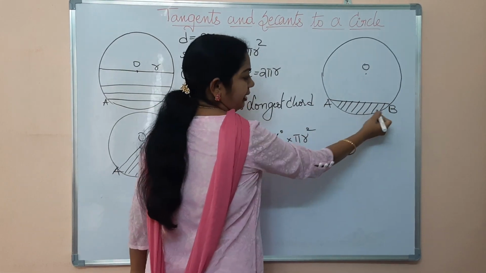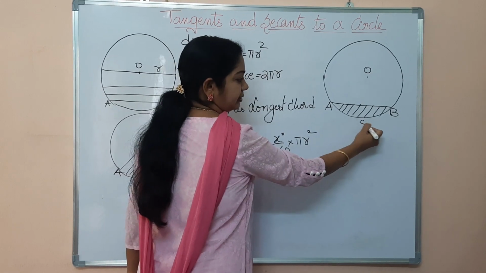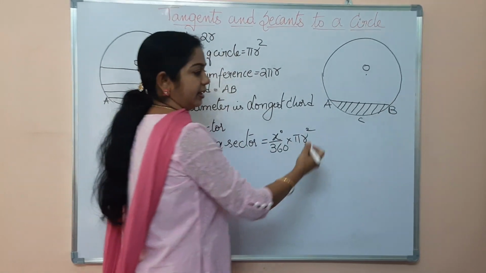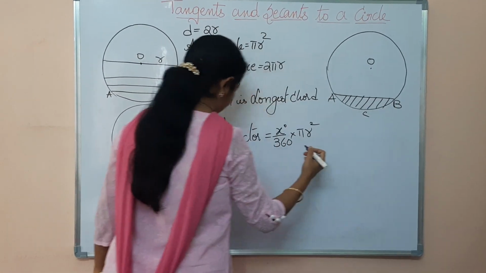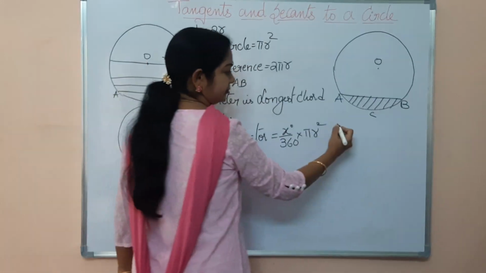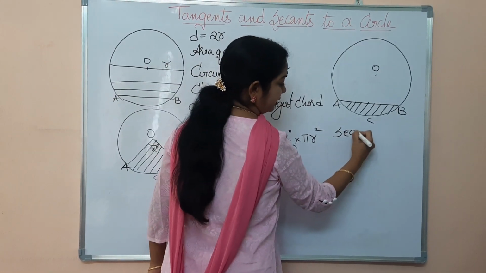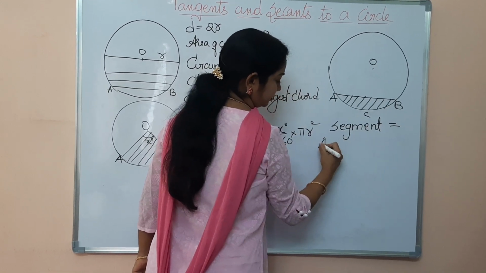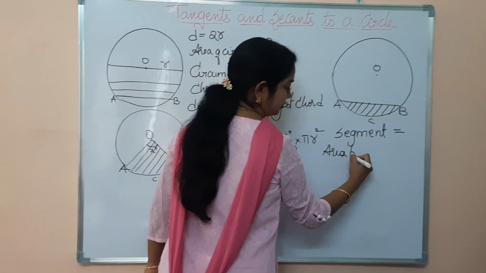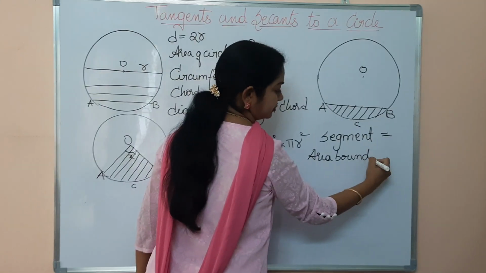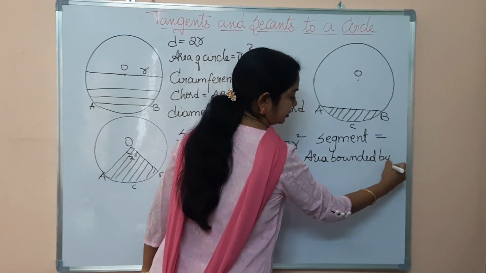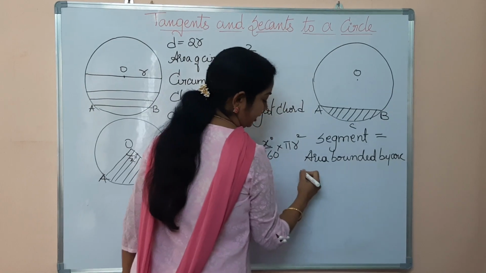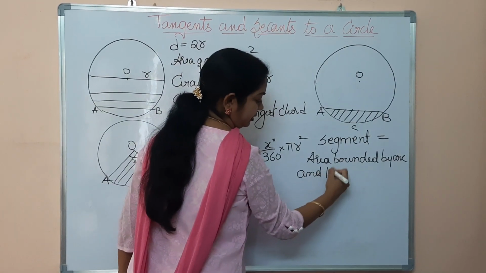That means the area bounded by the arc ACB and the chord is nothing but the segment. Segment is the area bounded by arc and the chord.